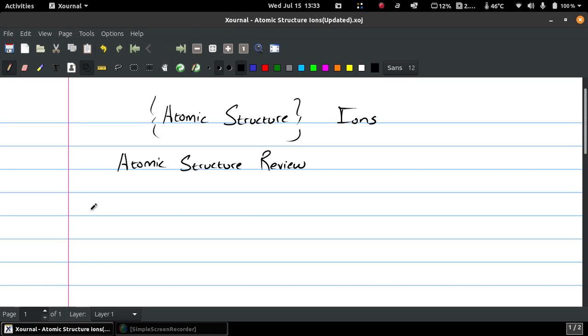I'm going to write down the subatomic particles. So we have protons. I'm going to write down the definitions just to kind of clarify everything because it's really important for this. So a proton is a positively charged subatomic particle.